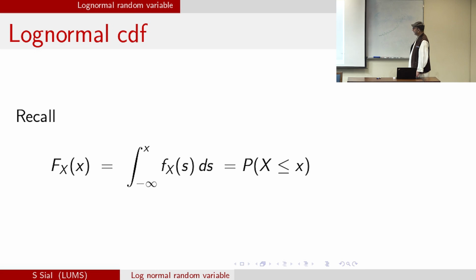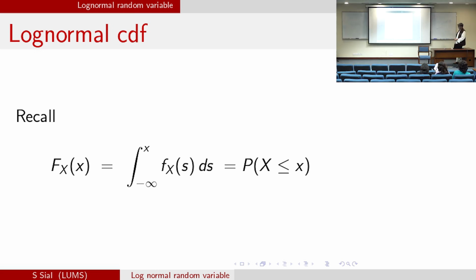Okay, it's a bit of work to work this out, so I'm going to skip that. The CDF. What does CDF mean? It means the CDF evaluated at small x is the probability that the random variable takes a value less than or equal to x.